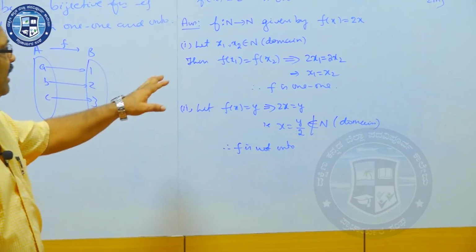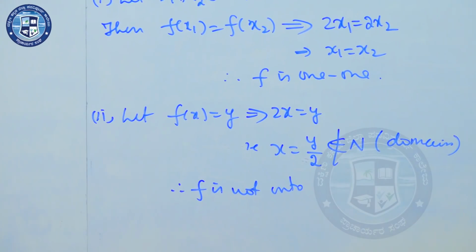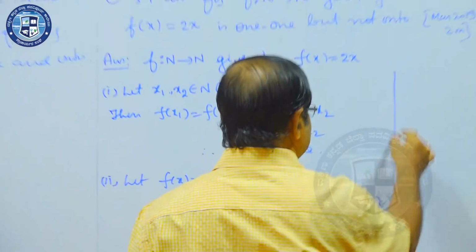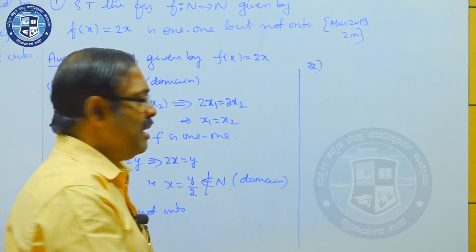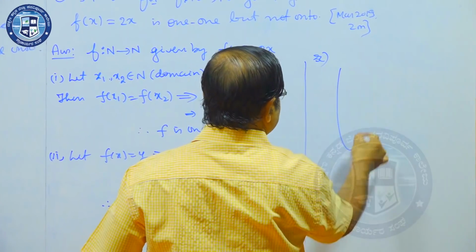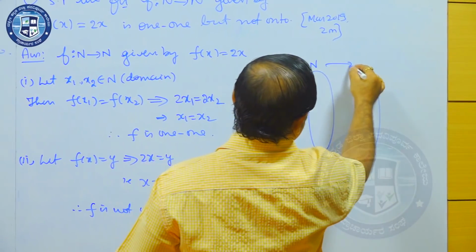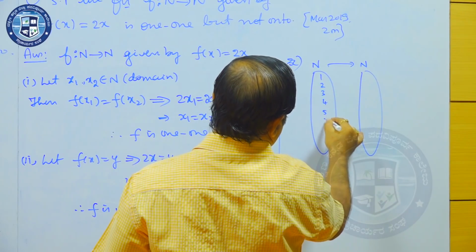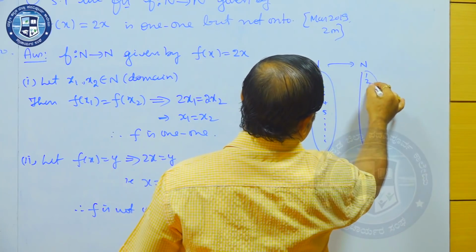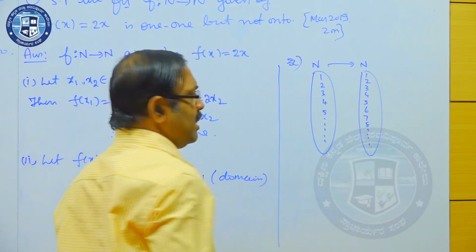So, theoretically we prove the problem like this, but we have to understand better. See, this is for your understanding. We just consider a diagrammatic method, N to N. Now, we have 1, 2, 3, 4, 5, etcetera, and 1, 2, 3, 4, 5, 6, 7, 8, etcetera.